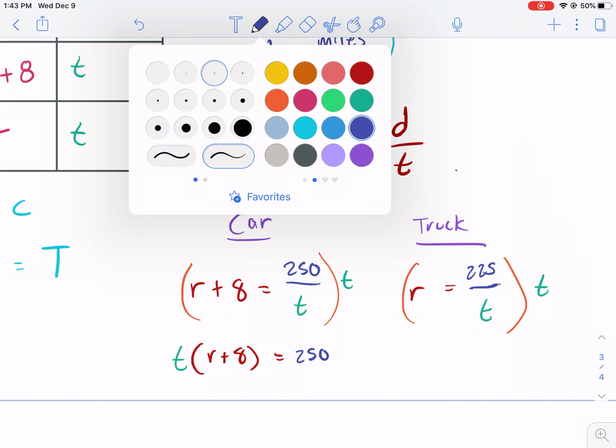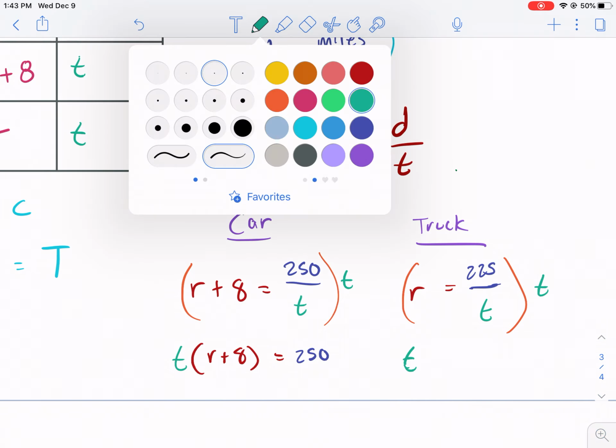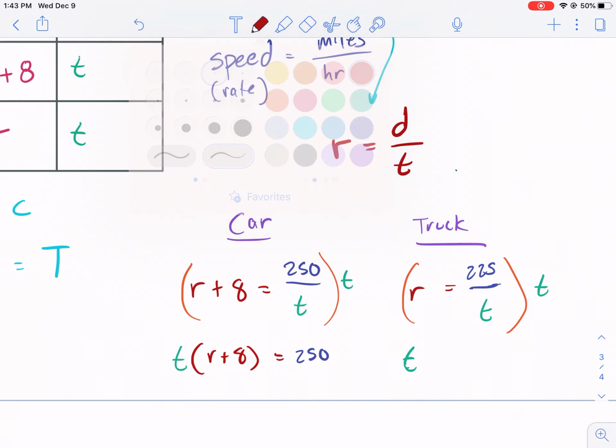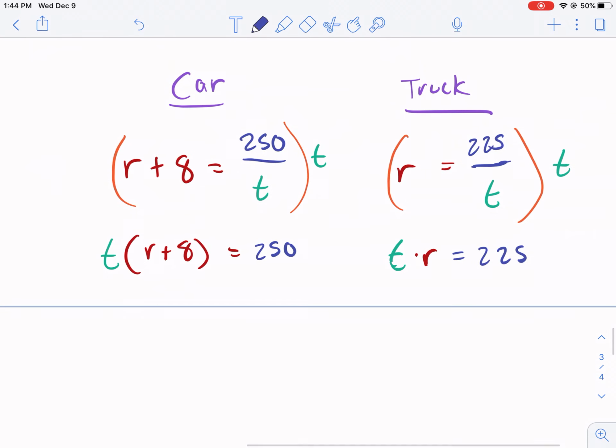And then T times R equals 225. So we have two equations and two variables.